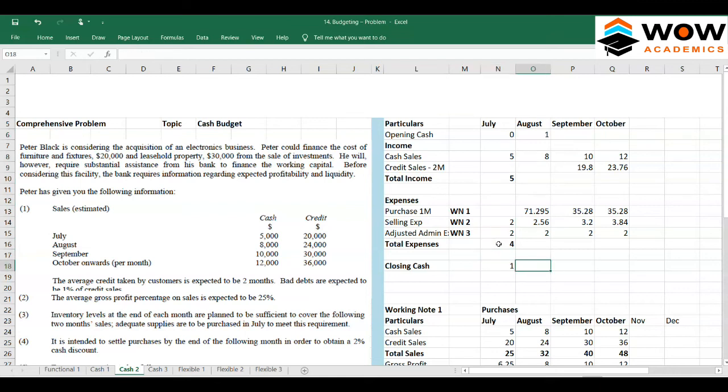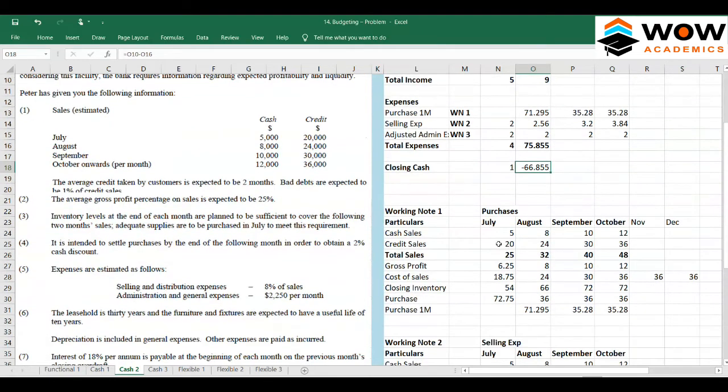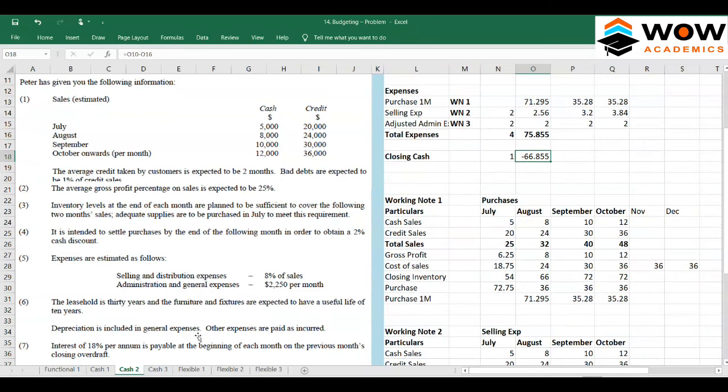So next, let's see for August what's happened. In August we have 9. We have 75. And what do we have as the closing cash? We have 66. So for 66 we have to pay interest. So interest, when do we pay it? Interest of 18% is payable at the beginning of each month on the previous month's closing draft.